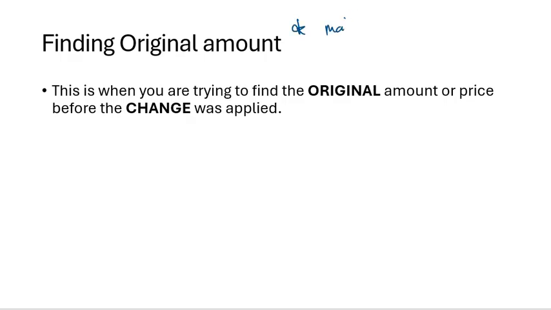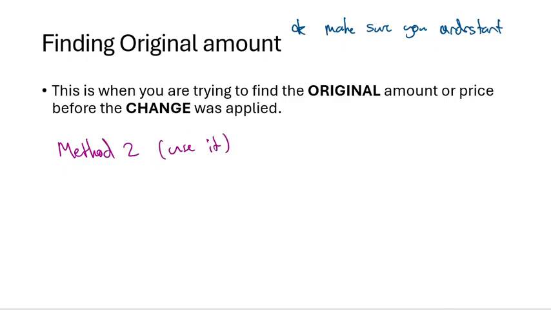Make sure you understand. This is when you're trying to find the original amount or price before the change was applied. What I'd recommend is use method two. It helps you a lot.